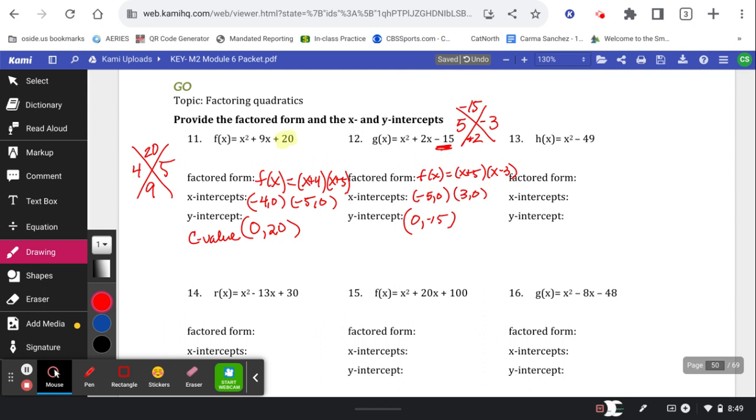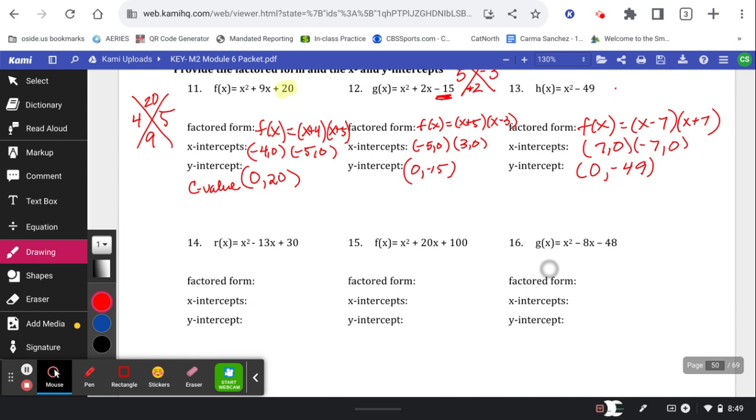All right, this is the one where there's no middle term, because your factored form, what times what equals 49, is negative 7 and positive 7. So what are my intercepts? Positive 7, 0, negative 7, 0. What's my y-intercept? It's the c value staring there at me at the end.